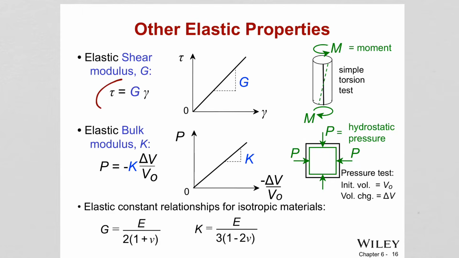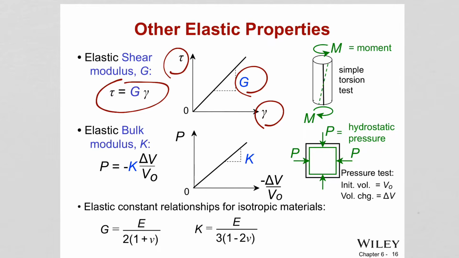This is, as I explained, the shear modulus, and it is obtained from the shear stress versus shear strain curve with the torsion test. This G is again the proportionality constant between shear stress and shear strain. There is also one more modulus, called the bulk modulus K, and this is when the part is exposed to hydrostatic pressure in all axes.